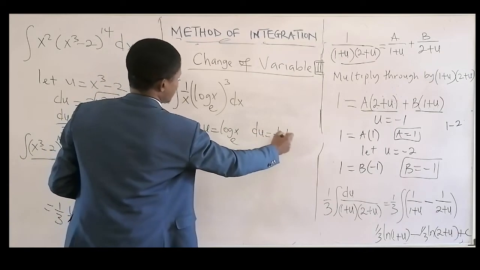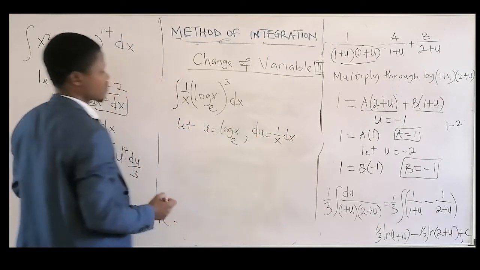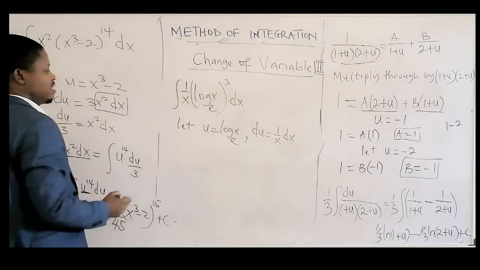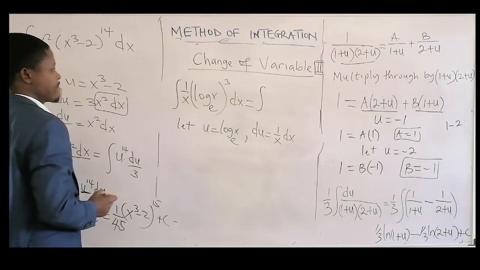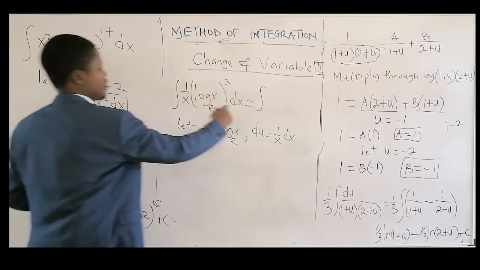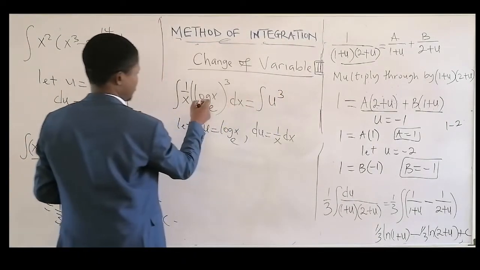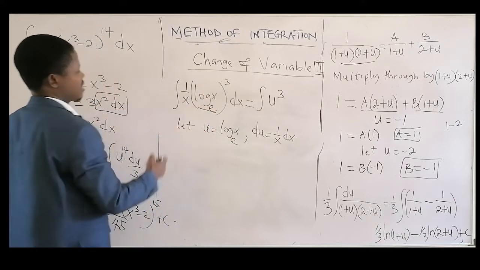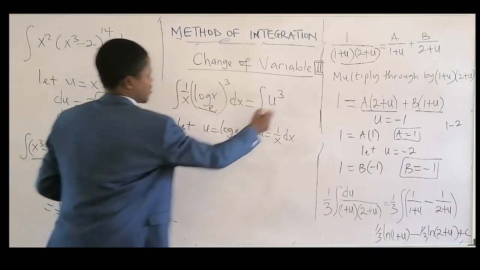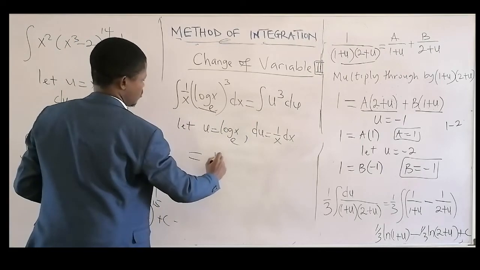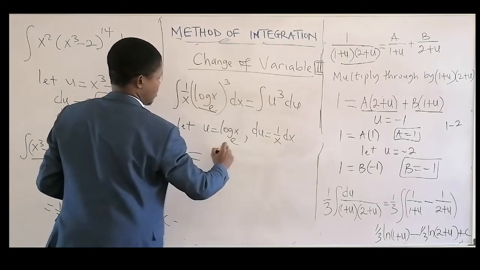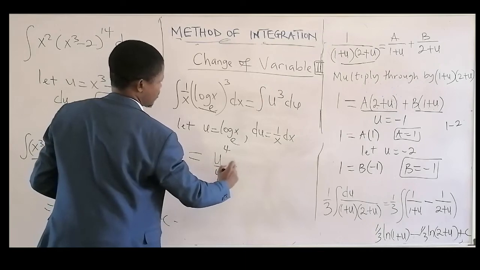So du is equal to 1 over x dx. You can see that now. So this integral will now become the integral of u to the power 3, this is the base here, power 3, and then 1 over x dx is du. So that will give us u, the power is 3 plus 1, that's 4, over 4, plus c.